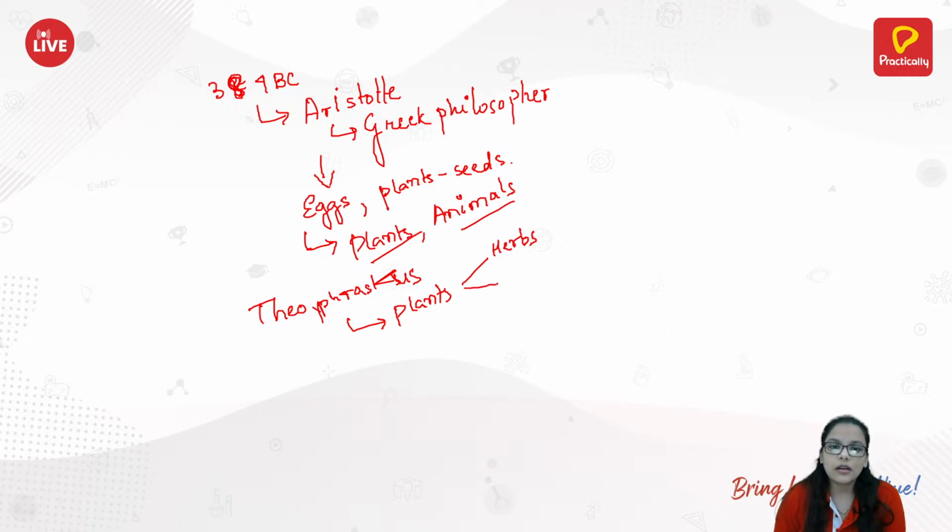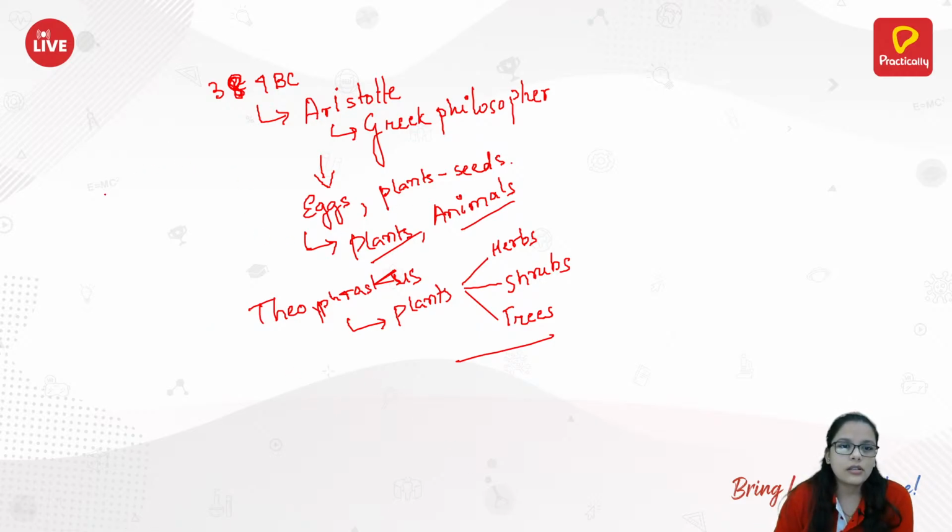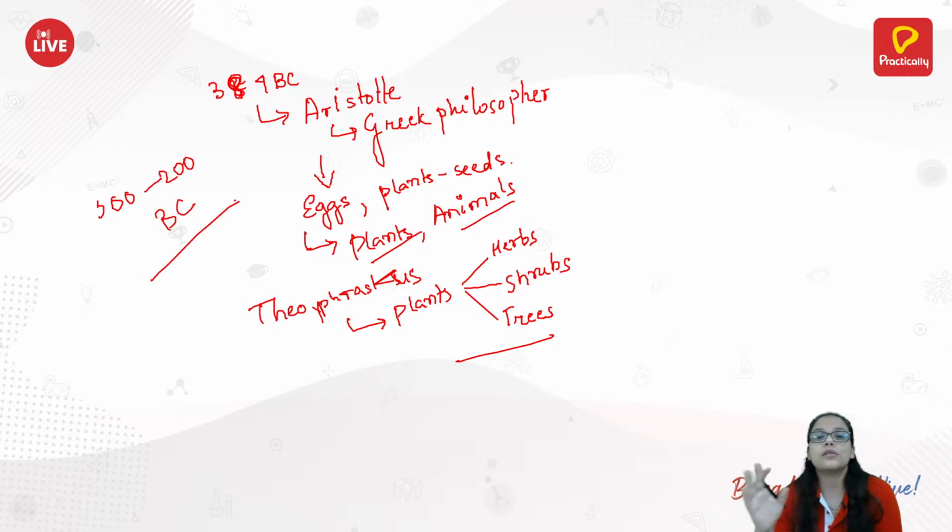Sometimes they are middle, which are shrubs. And then there are big trees. So this was given in the 300 to 200 BC. This is some 3,000 to 4,000 years back. They did not have anything. At that time, they gave this kind of knowledge.